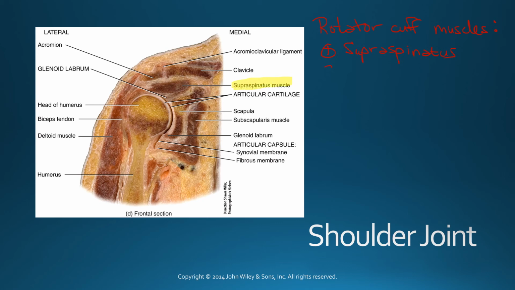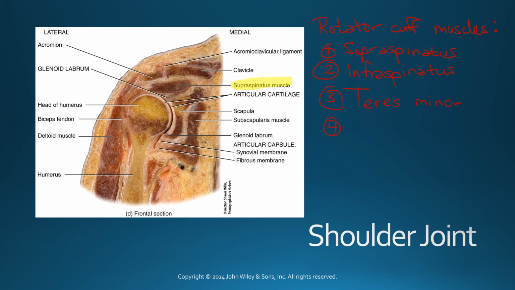Secondly, we have the infraspinatus, which isn't labeled on this diagram, but that's okay. Thirdly, we have teres minor, which also isn't labeled on this diagram.